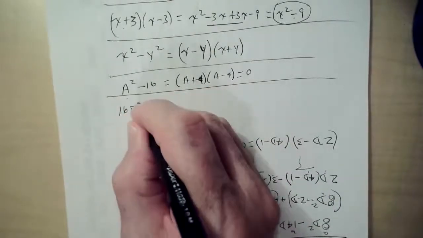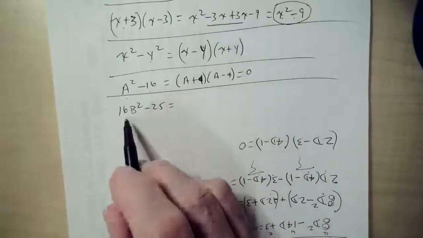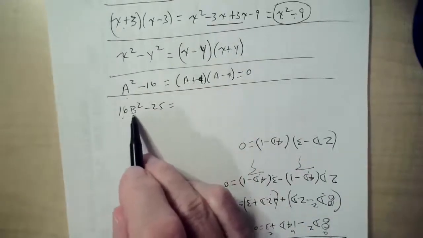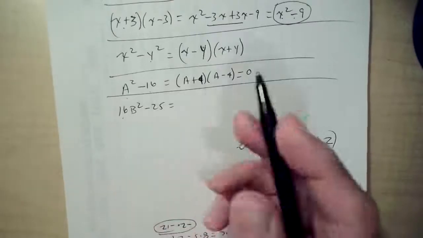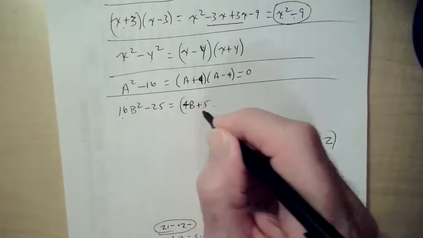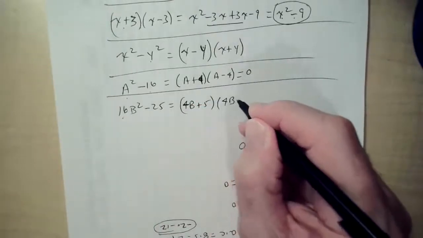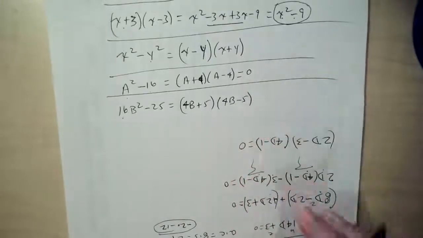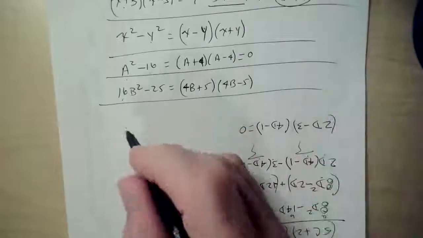Okay, and they get a little bit longer, but they really don't get any more difficult. 16b squared minus 25. Both of these terms are perfect squares. So it's 4b plus 5 and 4b minus 5.